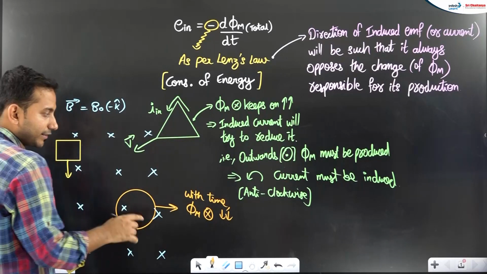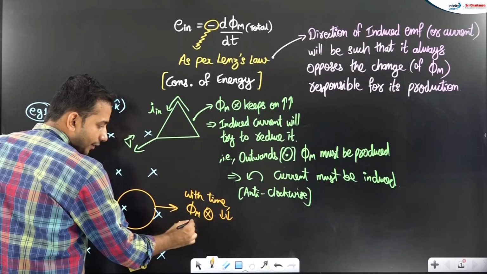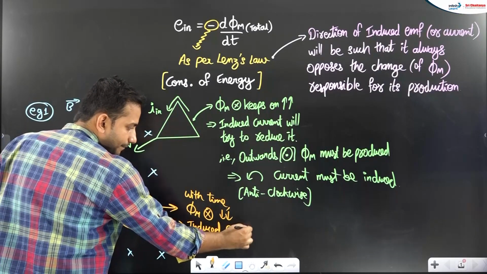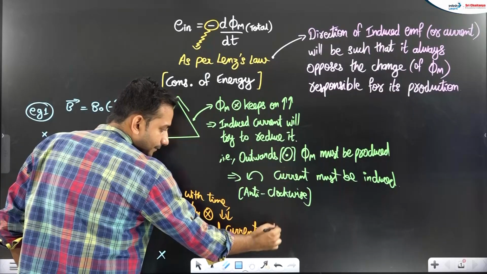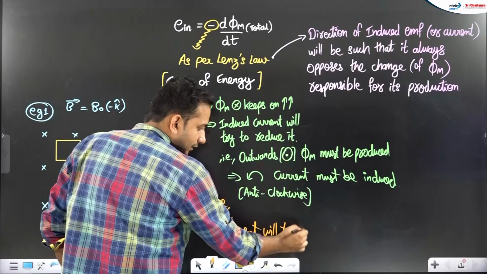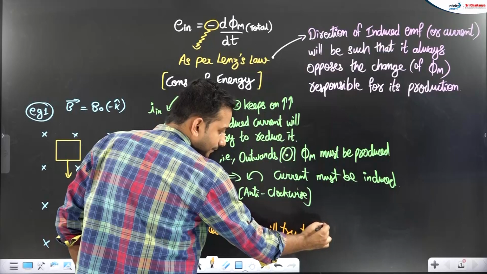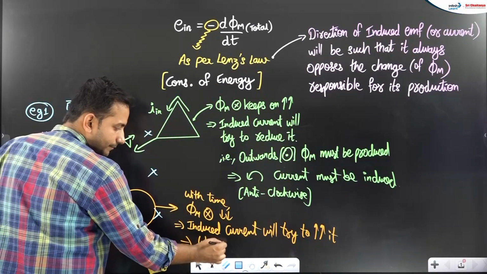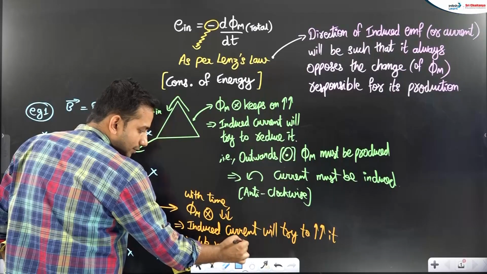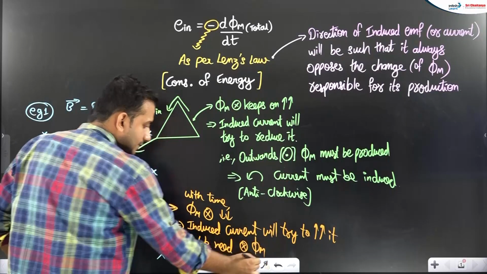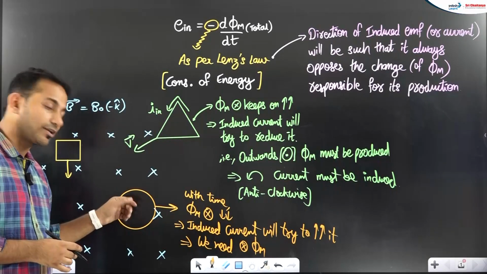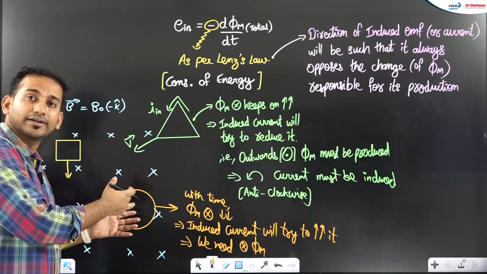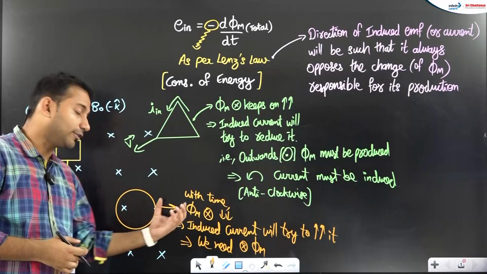If this cross magnetic flux decreases, induced current will try to increase it, which means we need some cross magnetic flux. See, the cross magnetic flux was linked, but if you keep on taking it out of the field region, the linked flux will keep on decreasing.